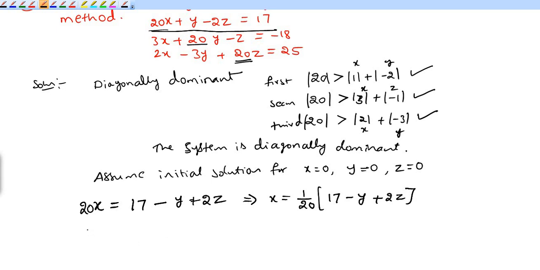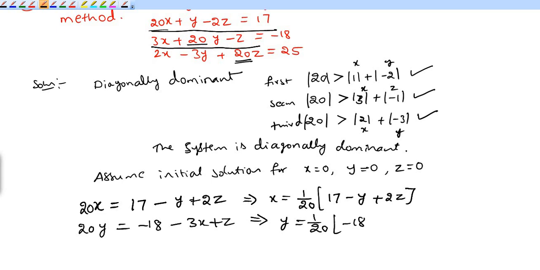From the second equation, you have to separate y. 20y is equal to minus 18 minus 3x plus z. This implies y is equal to 1 by 20 into minus 18 minus 3x plus z.